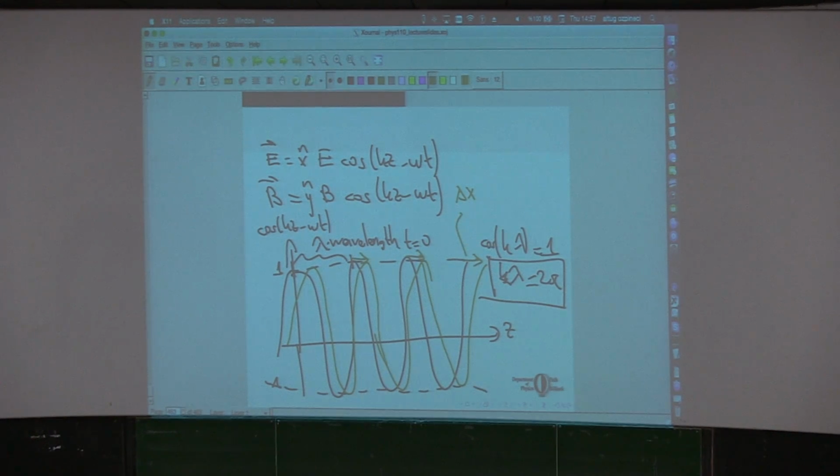For any one of the maxima, at t equal to 0 we have a maximum over here, and for this maximum kz minus omega t is 0.